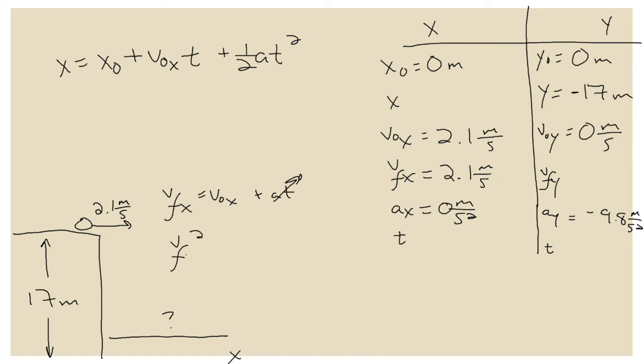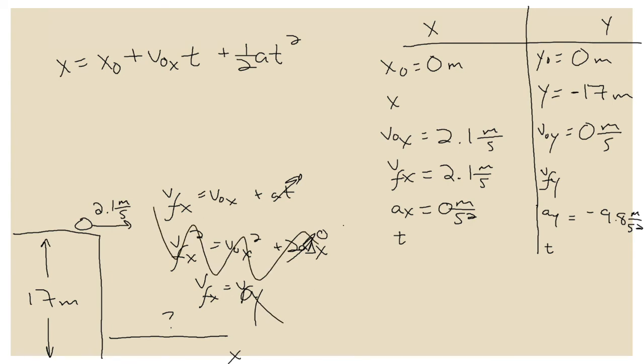And if we use the time-independent equation, we have VFX squared equals V naught x squared plus 2a delta x, and the acceleration is 0, which tells us VFX squared is equal to V naught x squared. When we take the square root of both sides, we get VFX is equal to V naught x, which is something that we already know. And so these equations are useless.